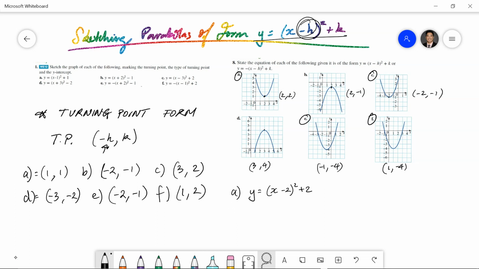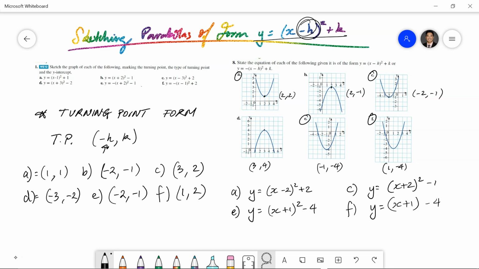Let's look at C. Y is equal to x plus 2 all squared minus 1. For E, we have y is equal to x plus 1 all squared minus 4. And then for F, we have y is equal to x plus 1 minus 4.